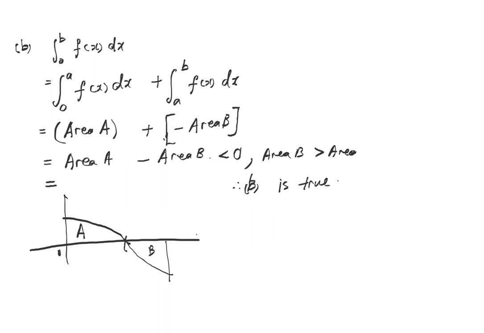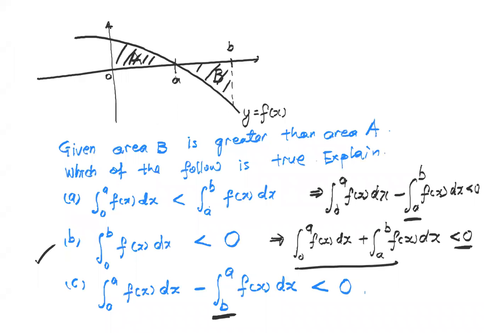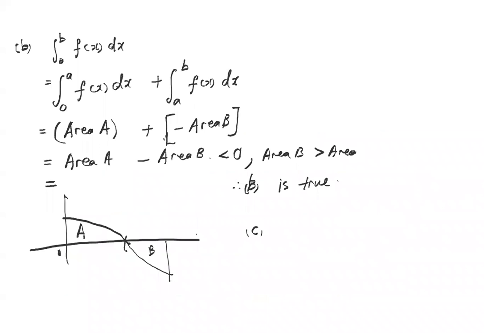So let's look at C. What is C? The integral from A to B of f(x) dx minus the integral from B to A of f(x) dx. The integral from B to A of f(x) dx represents area B, am I right? Because I alter the limit. So for part C, it's very easy to explain why it is true.